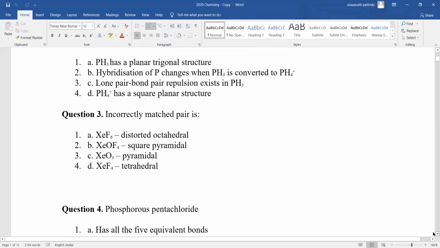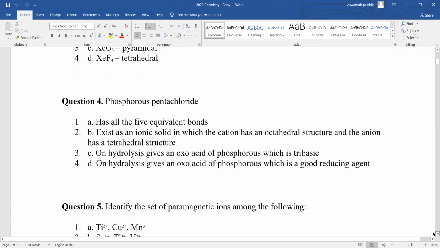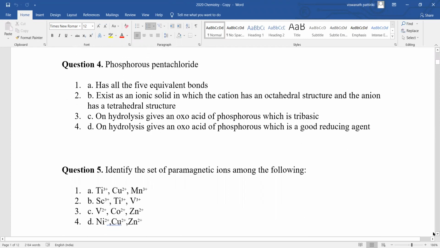And the next one is: phosphorus pentachloride has 5 equivalent bonds, exists in an ionic solid in which the cation has an octahedral structure and the anion has a tetrahedral structure, and on hydrolysis gives an oxo acid which is tribasic.